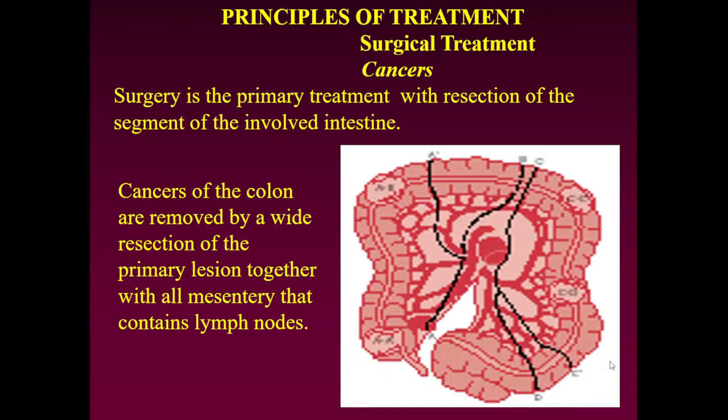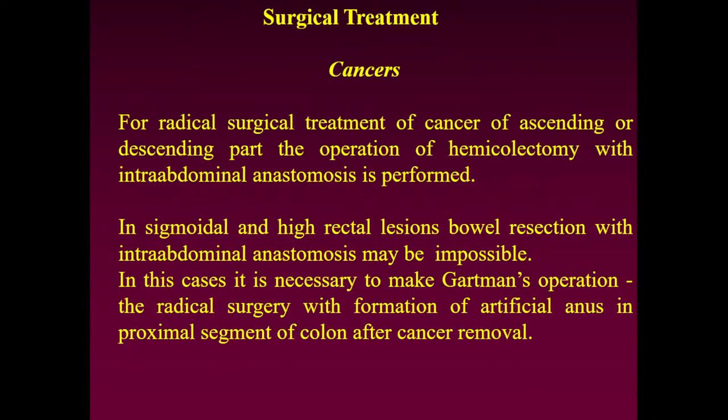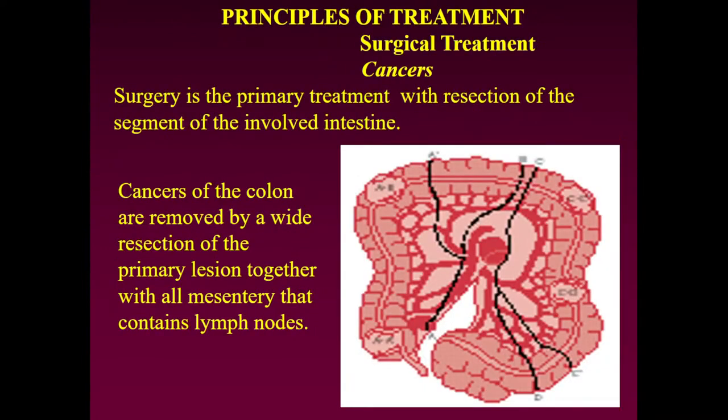In the left part, descending colon, spleen angle, we do a left-side hemicolectomy. In the sigmoid, we do resection of the sigmoid. In rectosigmoid cancer, we do intra-abdominal resection of the rectum, or if it is the lower part of the rectum, we do extirpation of the rectum.